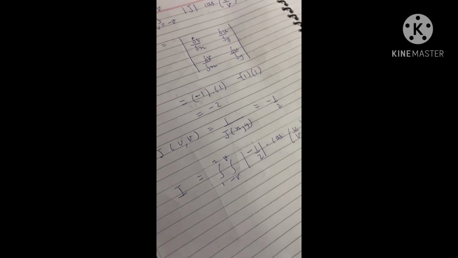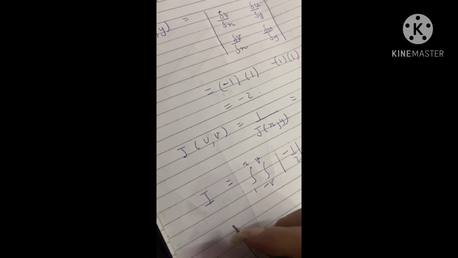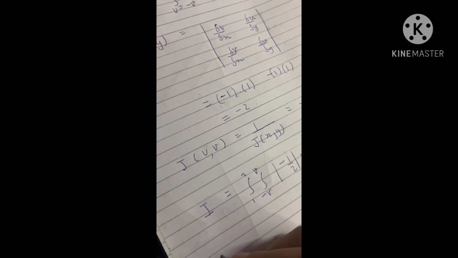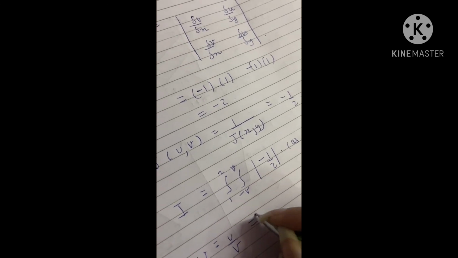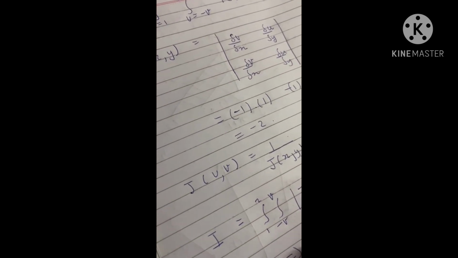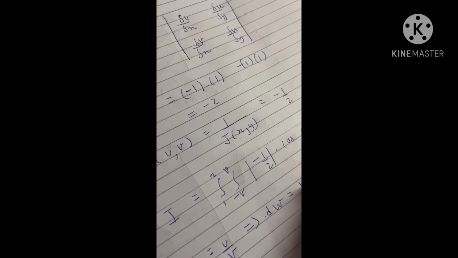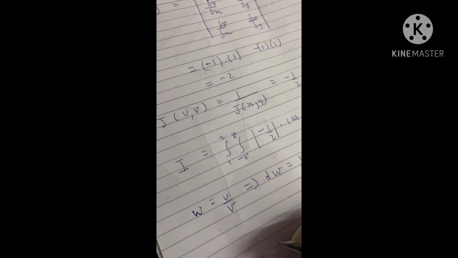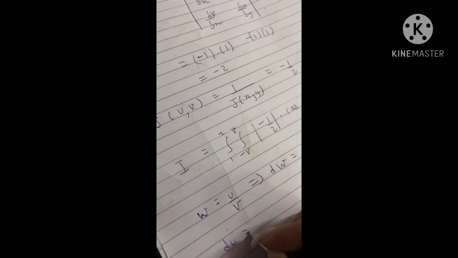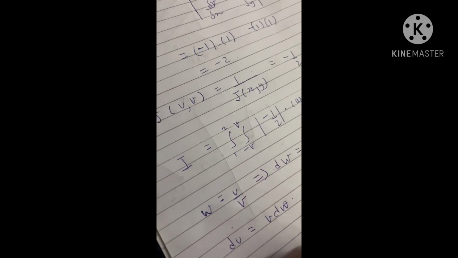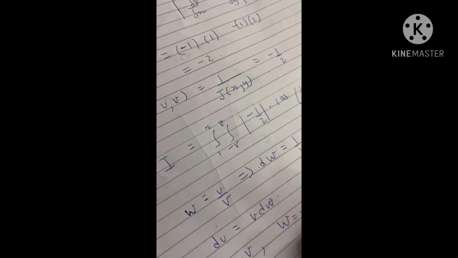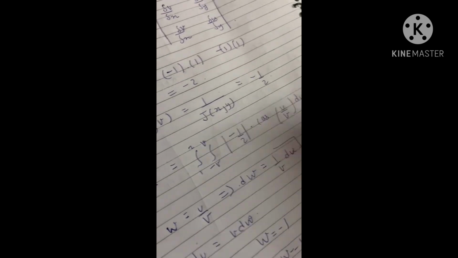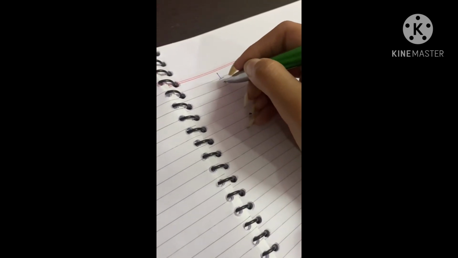So now we simply have to integrate this. For it we will put w equals u by v. By putting these values, 1 by 2 is a constant, so we can take it out.